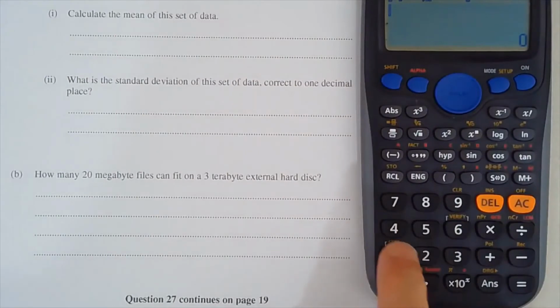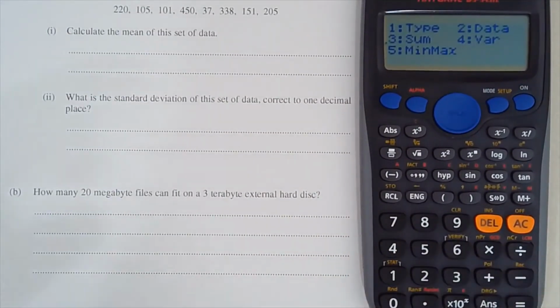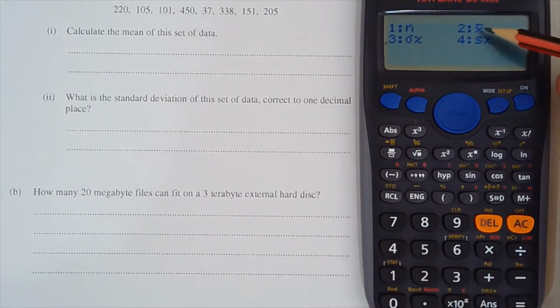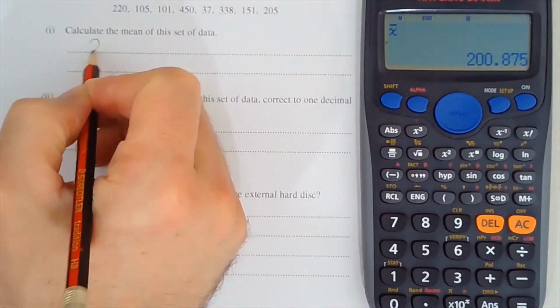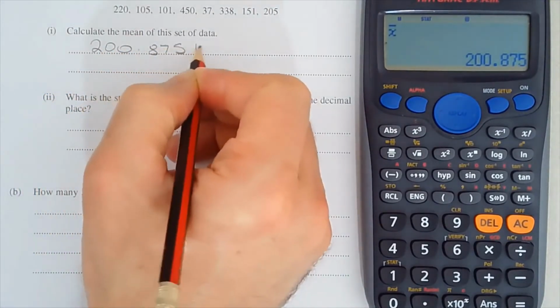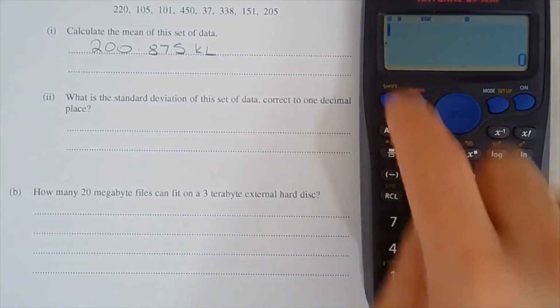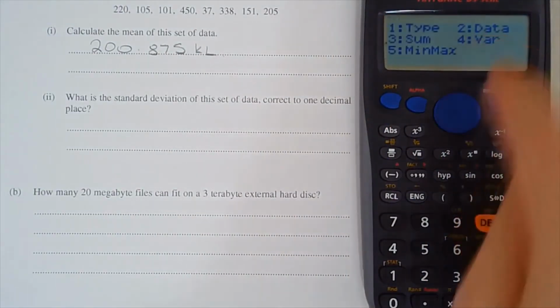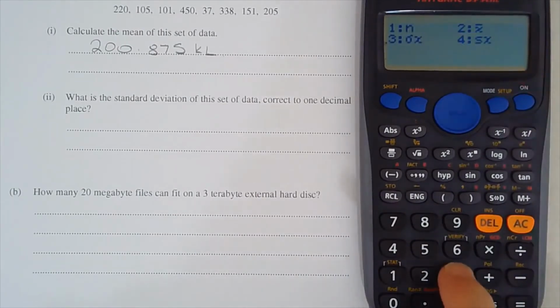Now shift 1, okay, that brings up the stat menu, and we go option 4, so press that. Okay, so option 2 now is X bar, so that's the mean, and it's going to be 200.875 kilolitres, and the standard deviation, shift 1, option 4, var, and option 3.